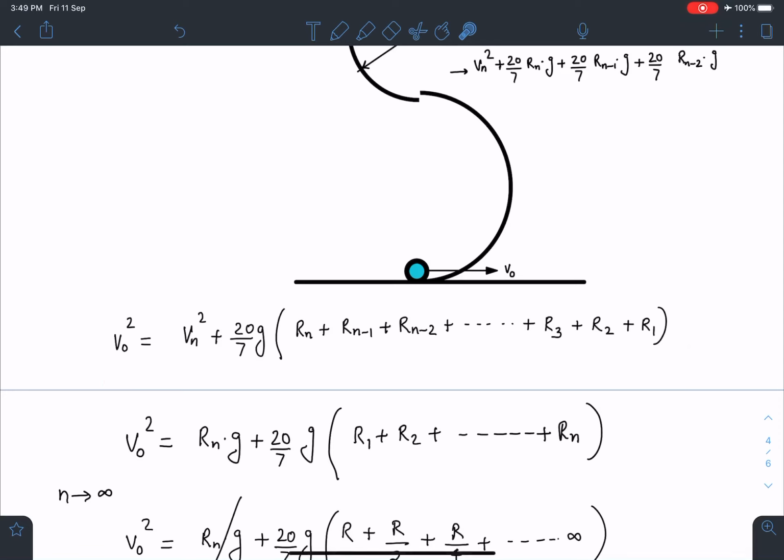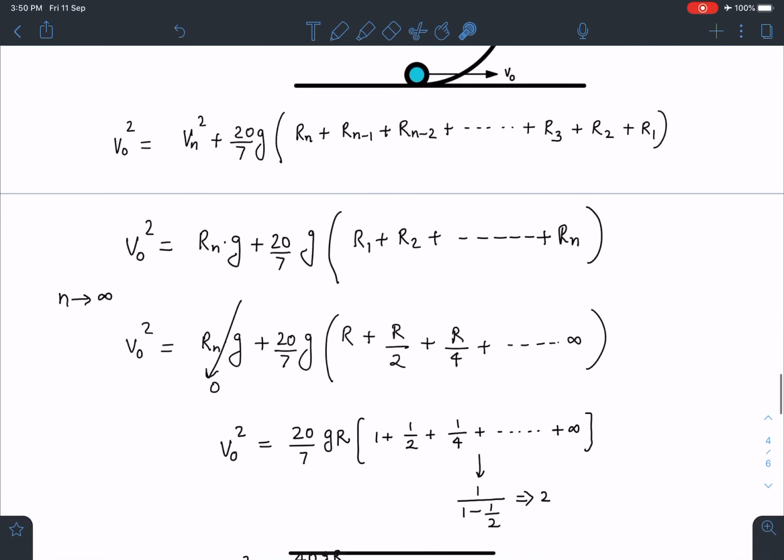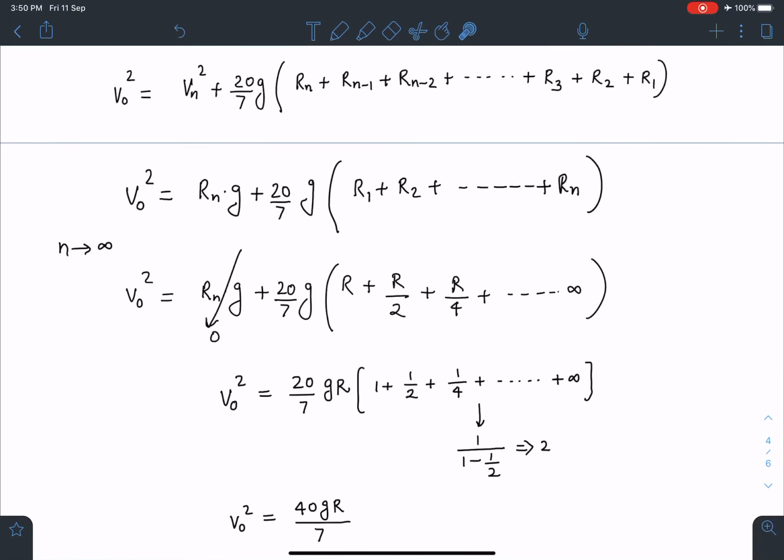Now here, if you adjust the terms slightly, I can bring R1 this side and read it in reverse manner. So V0 square is Rn g plus 20 by 7 g, R1 plus R2 plus R3 up to Rn. Now here n is actually the infinite circle, so n is tending to infinity.